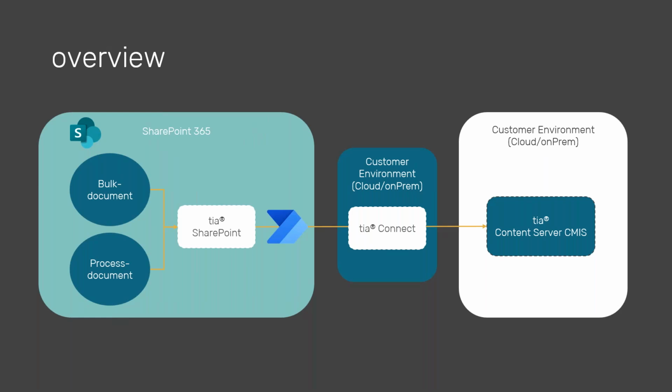But in theory, it could be deployed anywhere. That's what we tried to say here, and that gives you flexibility where to put it. And of course, document archiving might still be a topic for on-premise.